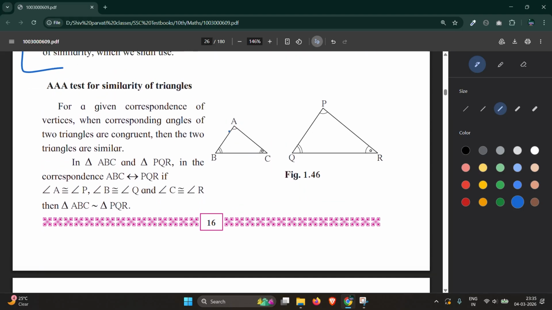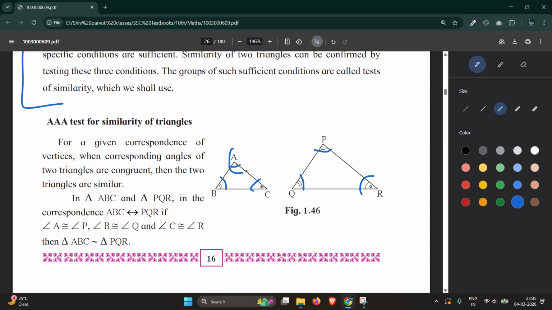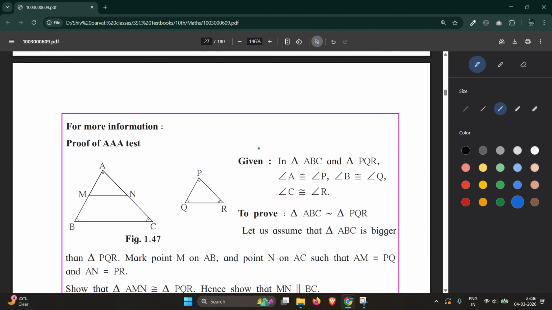The first test is if all the three angles of both the triangles are equal. So if we have two triangles and A equals P, B equals Q, and C equals R, that means both of these triangles are similar.